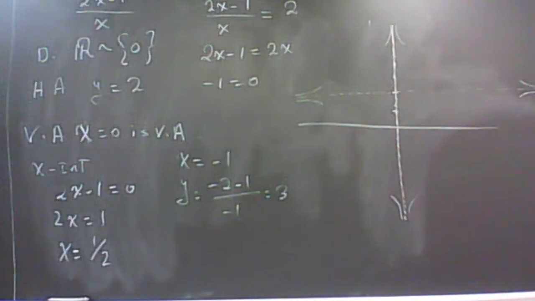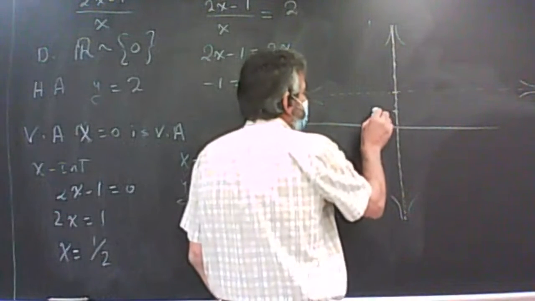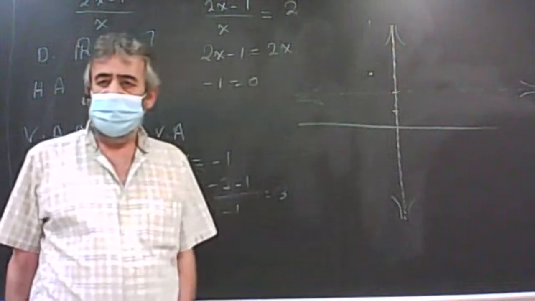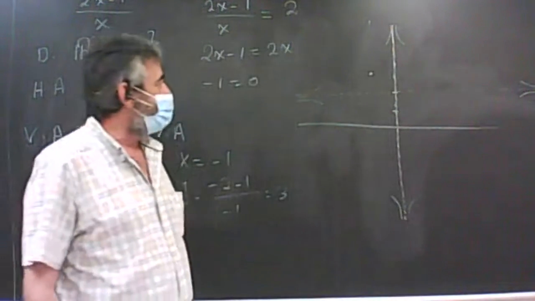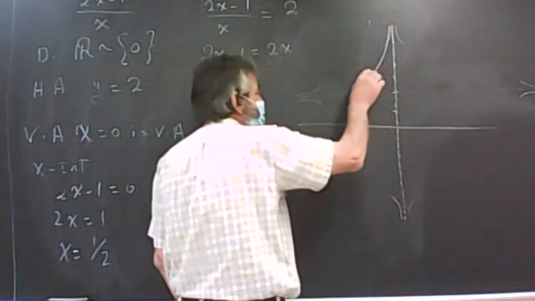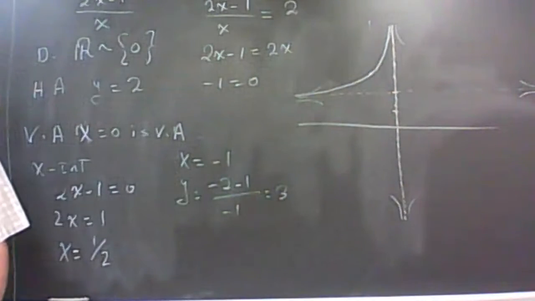So at -1, I'm getting 3. 1, 2, 3 right here. So how is the graph going to look? It's going to come from here, go through this point, and not go beyond that point.